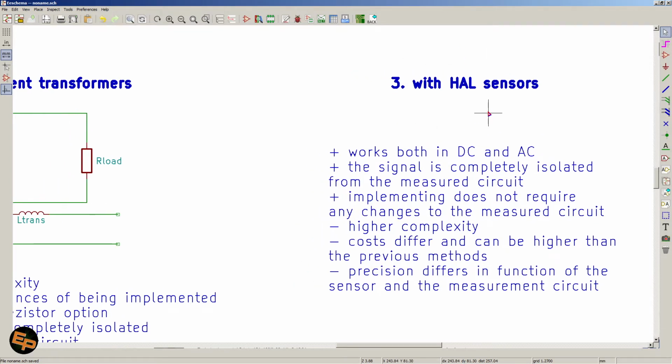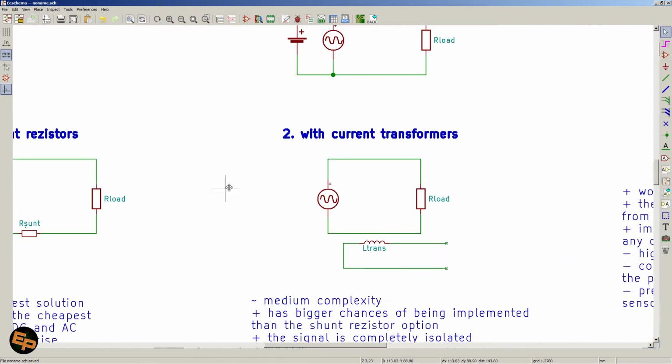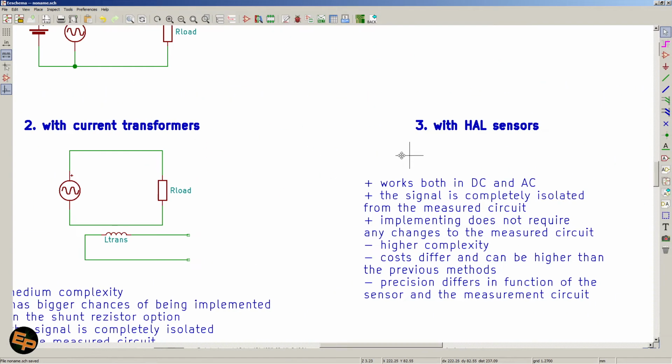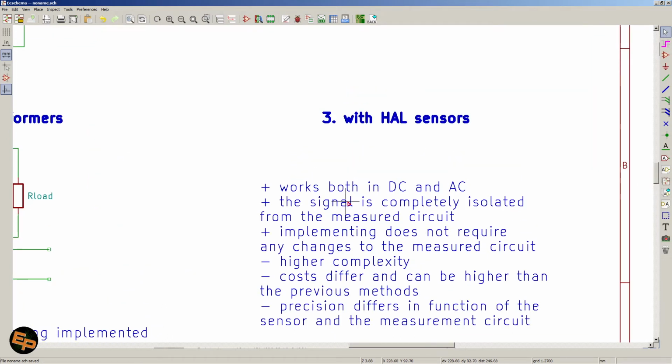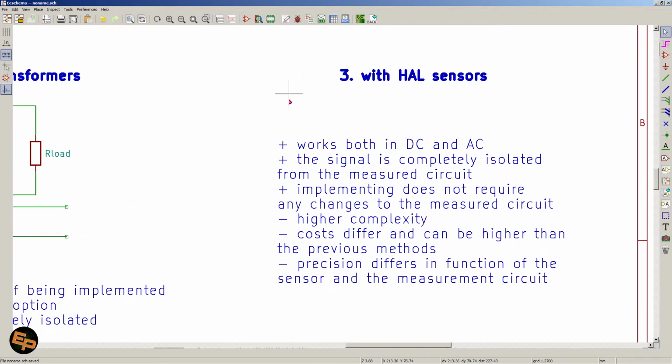Hall sensors give advantages from both the previous options, from the shunt resistors and current transformers, meaning that they work both in DC and AC.